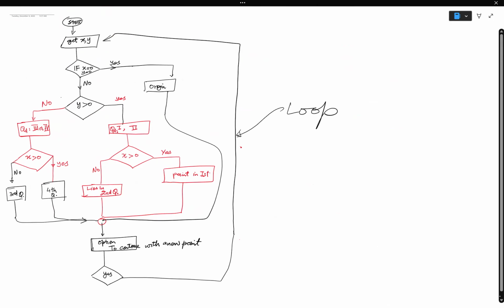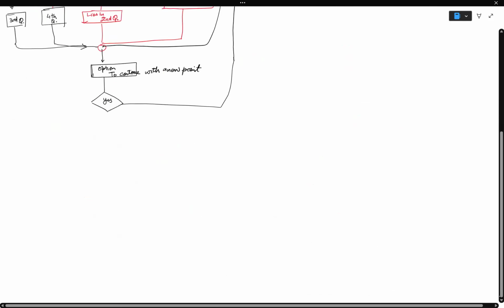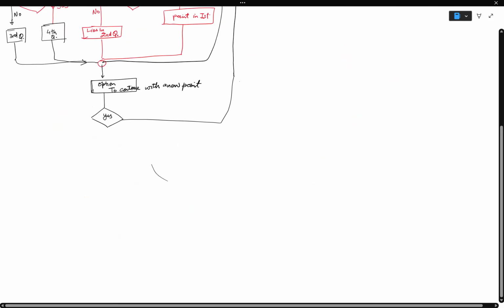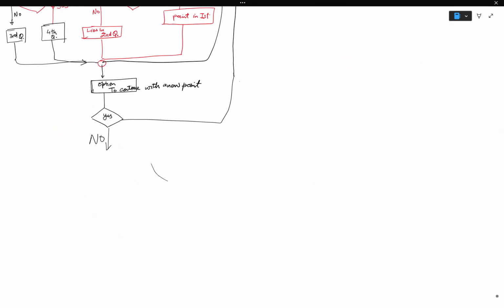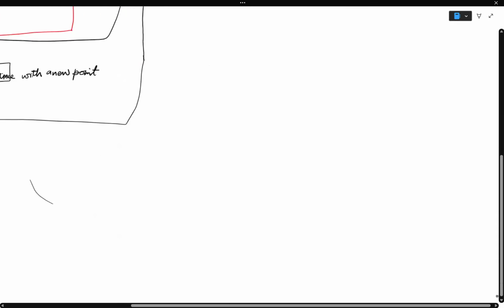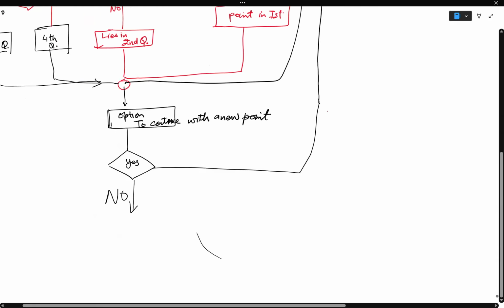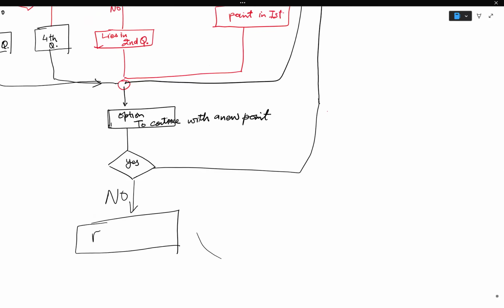If it is not required, for no, the algorithm has completed. We can write the printing of results and then stop.